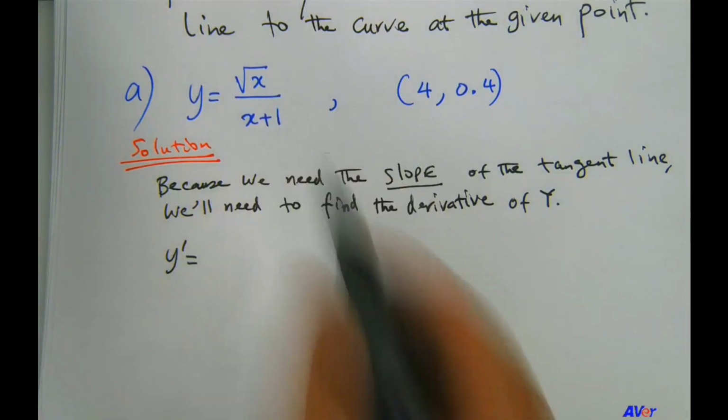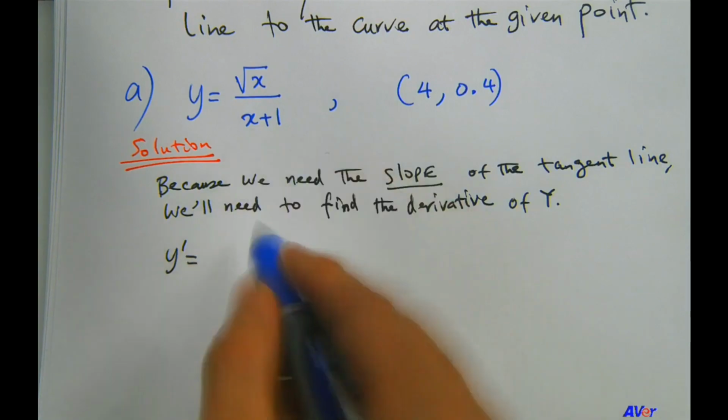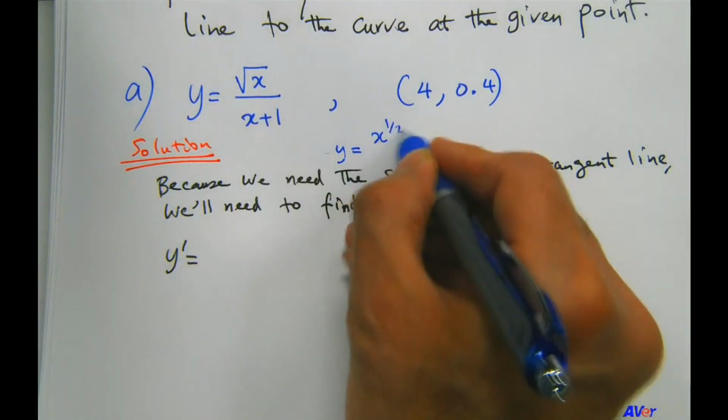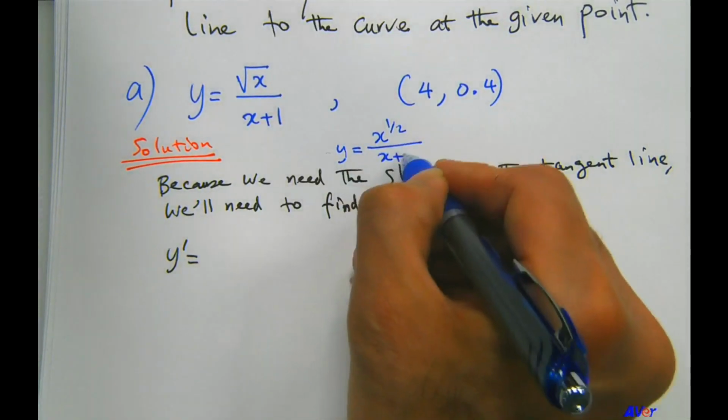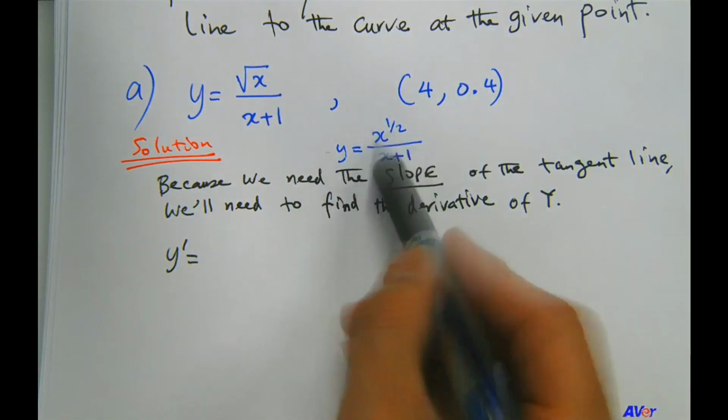So let me rewrite this. y equals x to the 1/2 power over x plus 1, right? Okay, so now take the derivative of the numerator.